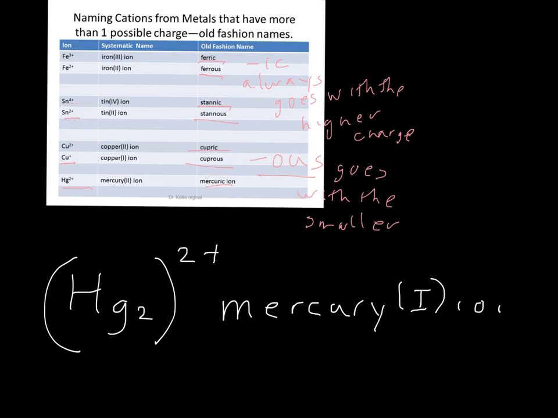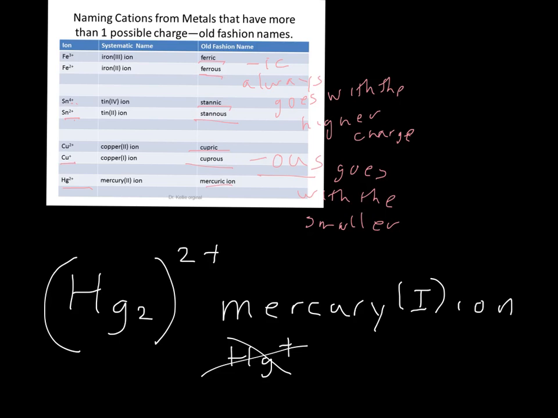However, it only exists in this form. You never ever see this by itself in nature. They have to team up. Two mercury atoms have to get together and stabilize each other if they're each to have a charge of +1. Therefore, I like to think of mercury 1 as being a polyatomic ion with a charge of +2.